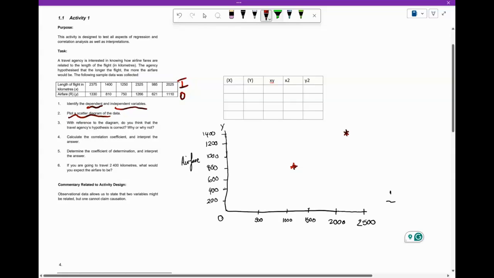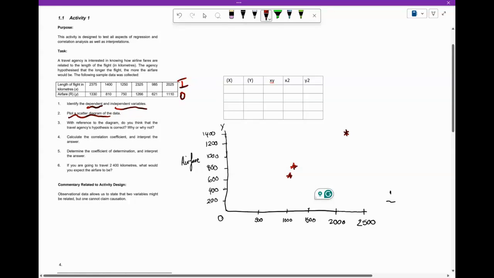Then the next one would be 750 on the y-axis, and 1250 on the x-axis. That's closer to 1000 actually, so maybe let me put it just by this one there.